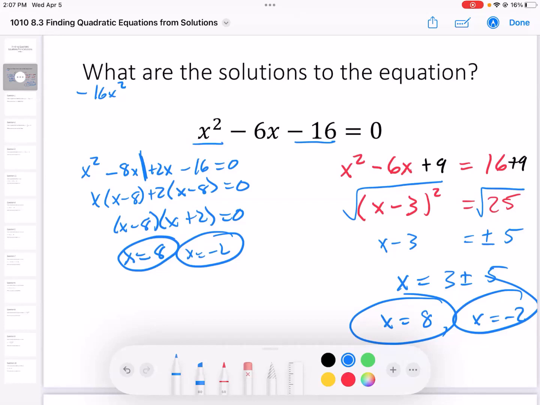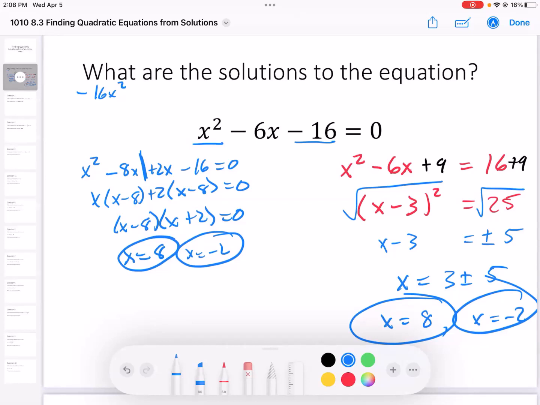So you just get a positive of whatever this number is squared. Does that make sense? And then from there, once you get this all FOILed out and you have the 25 over here, then to get it in standard form, you just subtract it so it's equal to 0.